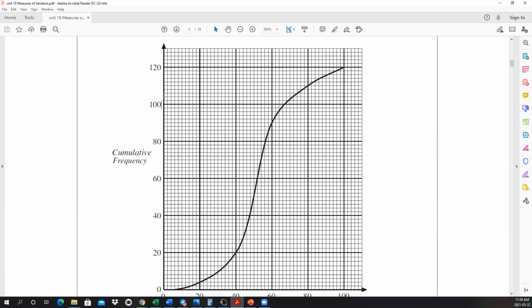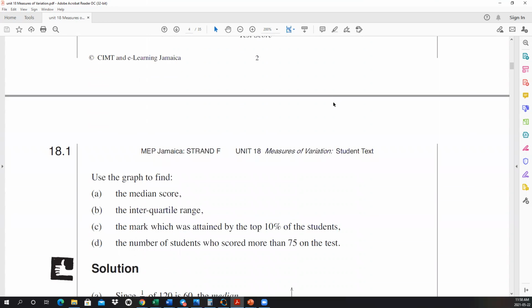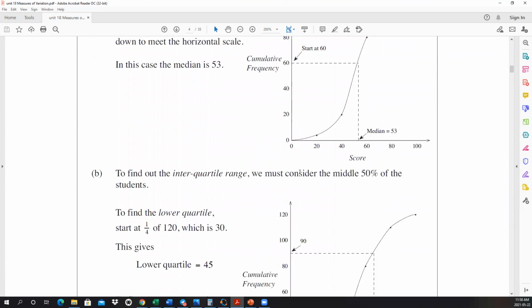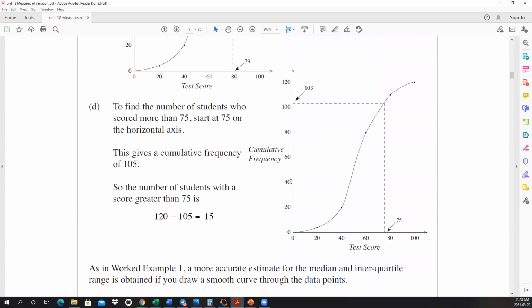So this is about, I don't know, about 106. So the students are above 75. So the difference between 106 and 120, right? So that's about 14. So you could say 14 students scored above 75. So that's my estimate. So go down.